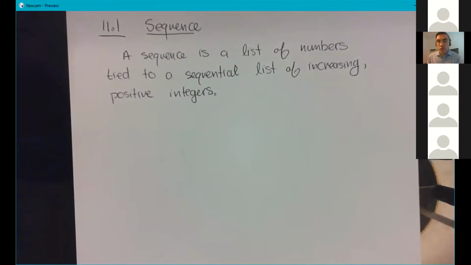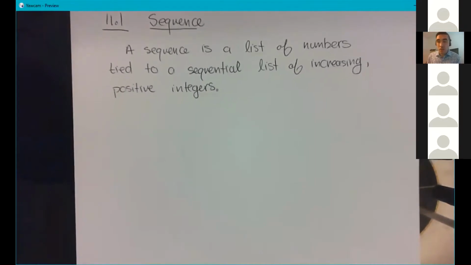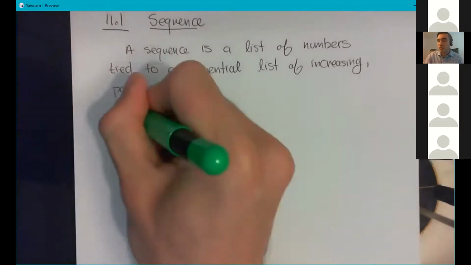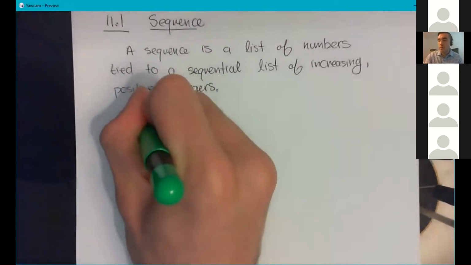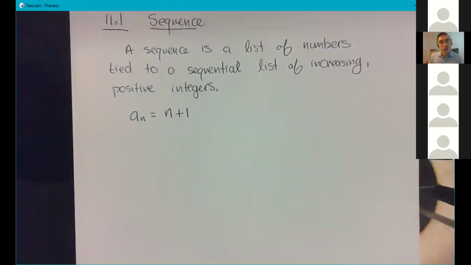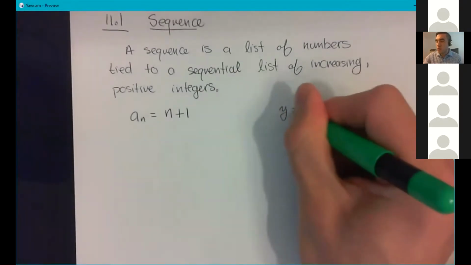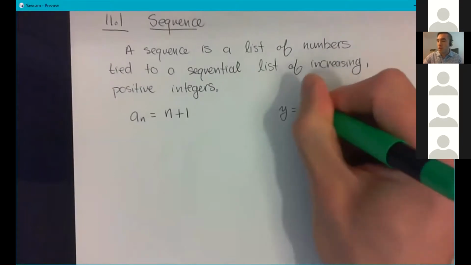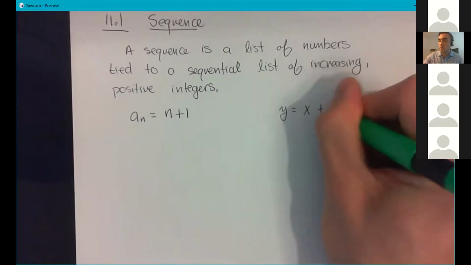And a sequence could be given just as the list of numbers itself, and then you're asked to find the pattern, or you could even be given an equation which generates that list of numbers. But I think it's really important to appreciate that sequences are different types of mathematical objects than you are used to for the following subtle detail. Let's say that I have a sequence, a sub n is equal to n plus 1, and I also have the function equation y is equal to 1x plus 1.